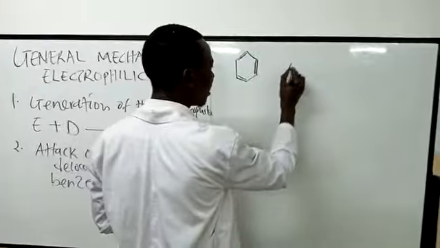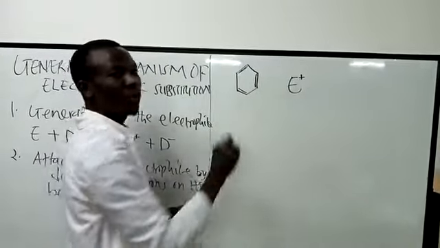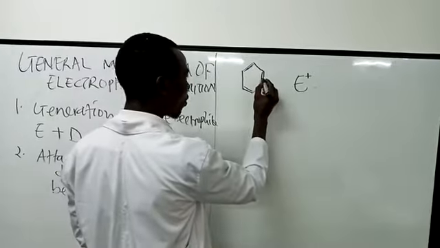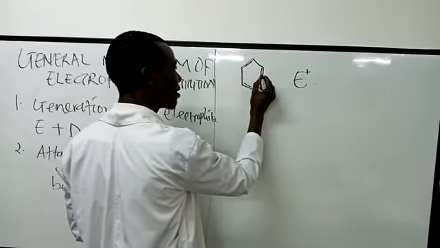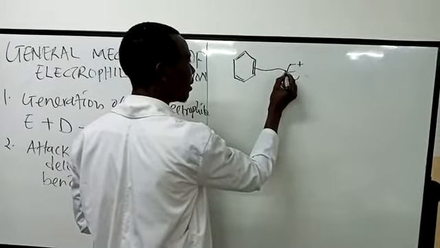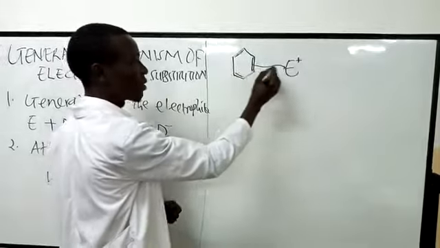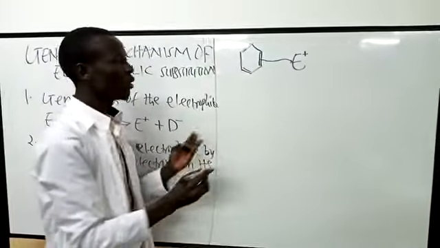Now, the delocalized electrons attack the electrophile. So we have an arrow moving from the delocalized electrons to the electrophile. Therefore, the arrow should start from the delocalized electrons to the electrophile. So what do we form?